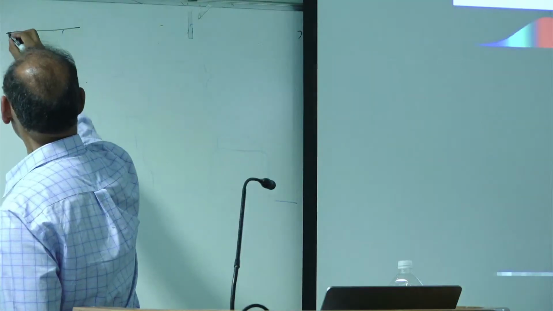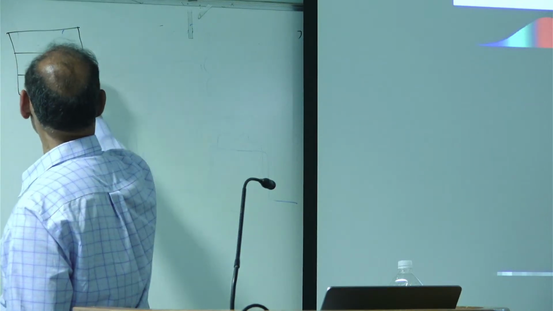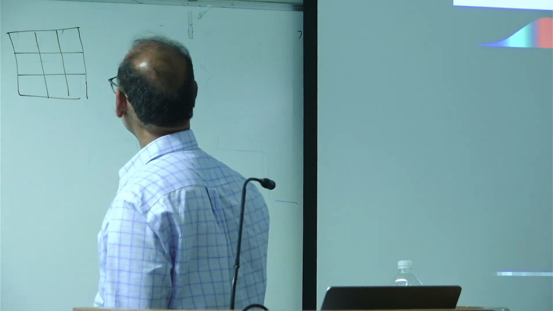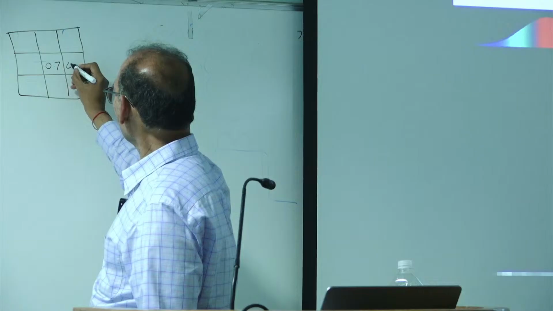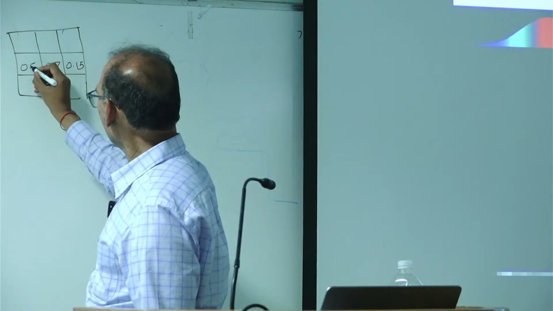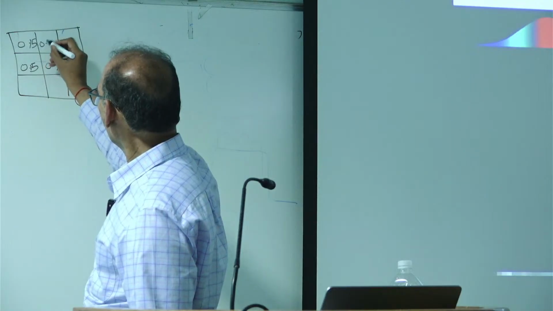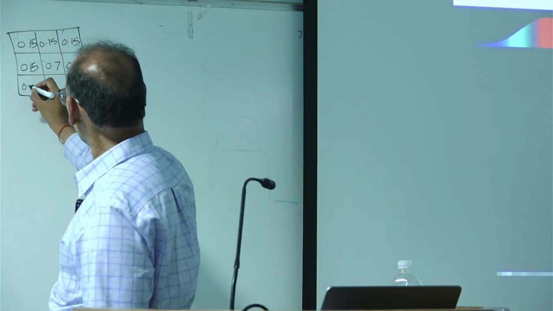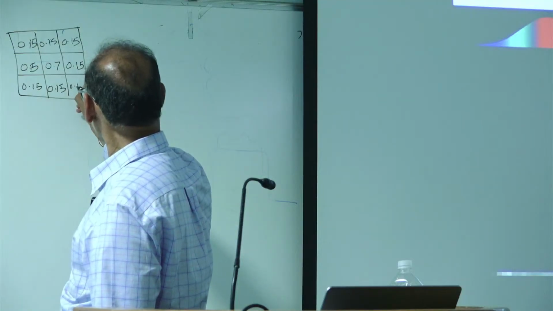Maybe let's say we can think of it as, let's just assume 0.7, 0.15, right?